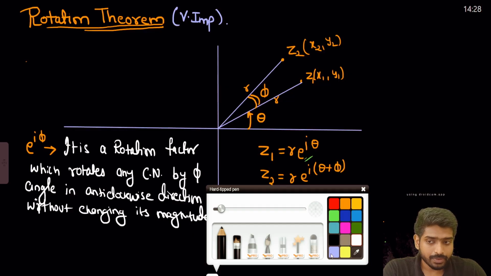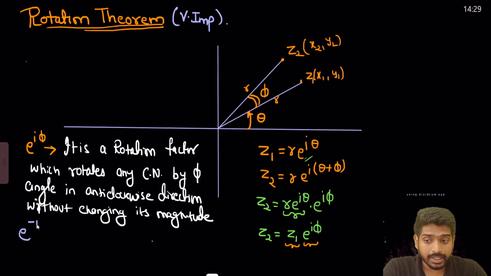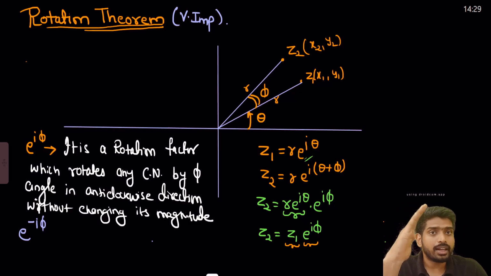Now, same, what if I have to rotate in anti-clockwise direction? We'll multiply with e to the power i phi, right? What if we have to rotate our complex number in clockwise direction? In that case, we'll multiply with e to the power minus i phi. If we want to rotate our vector in clockwise direction, we will multiply with e to the power minus i phi, and if we want to rotate in anti-clockwise direction, we'll multiply with e to the power i phi.